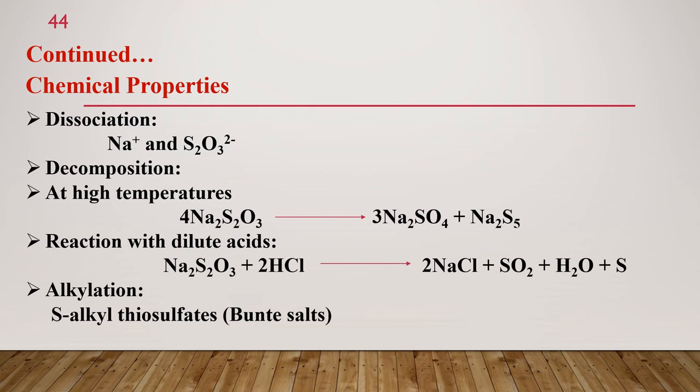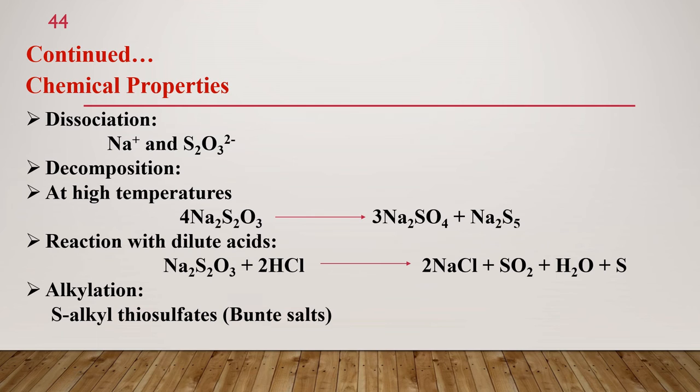Chemical properties of sodium thiosulfate. Sodium thiosulfate salt dissociates in water and other polar solvents to yield sodium and thiosulfate ions. The salt decomposes at higher temperatures to yield sodium sulfate and sodium polysulfide.